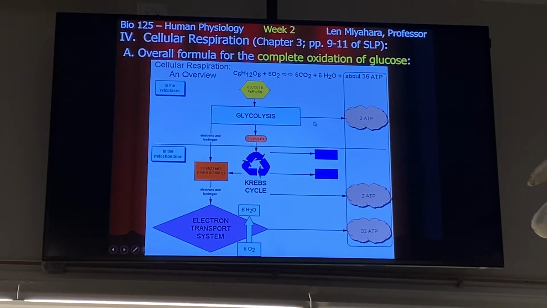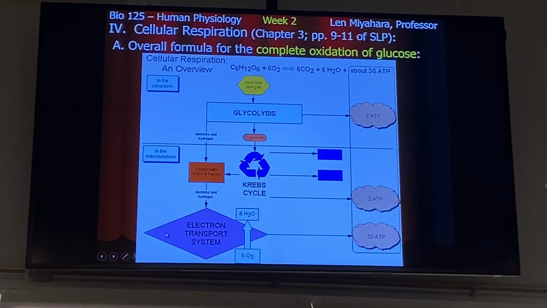If you want to get the 3 stages now, it's on this figure. Glycolysis is first. Krebs cycle is second. The ETS, electron transport system, is third, which, by the way, is where the oxygens get burned.